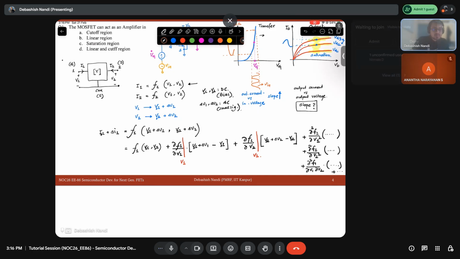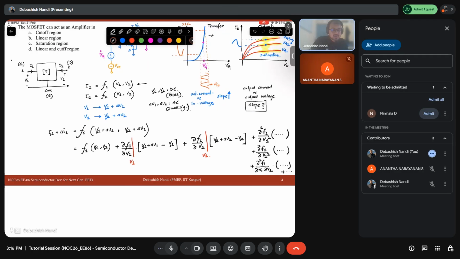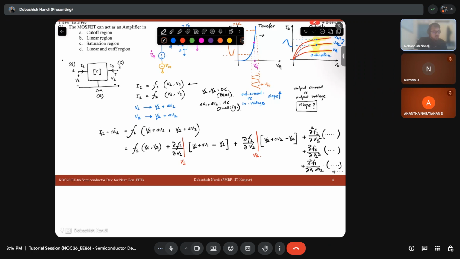And these bias points are calculated at V01 and V02. I just introduced these to make sure that you are getting it right, and then I can just safely change this to an equal sign. Fine. So now note that this term and this term are the same, so this I can cancel.